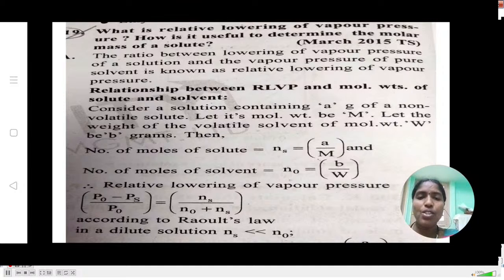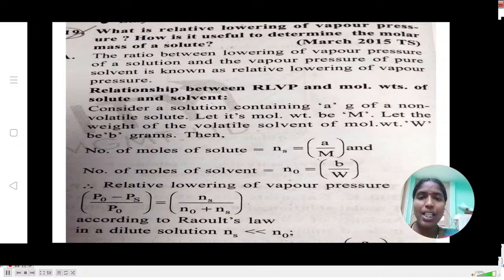That is the definition of relative lowering of vapor pressure. The ratio between lowering of vapor pressure of a solution and the vapor pressure of the pure solvent is known as relative lowering of vapor pressure.